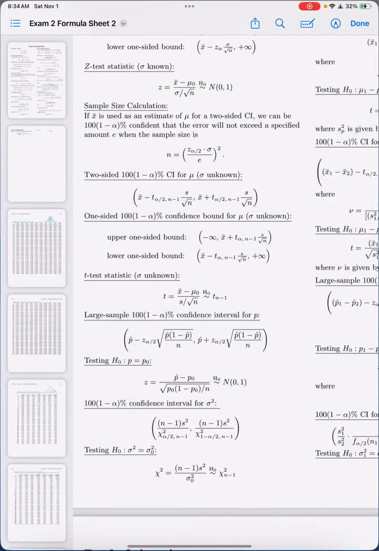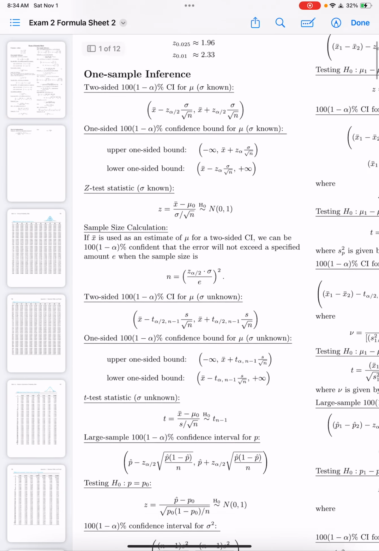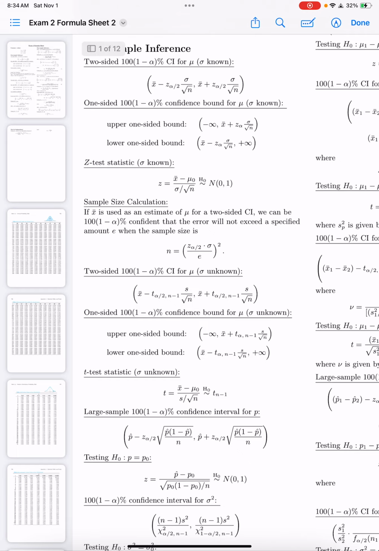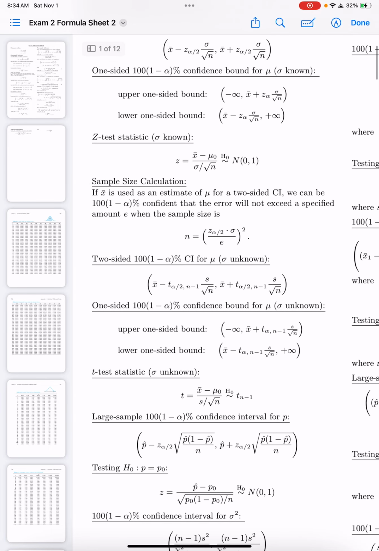So we can pull up our formula sheet, and we want to test for our confidence interval, and they aren't given the standard deviation of our population, only of our sample. So we can use this formula over here.